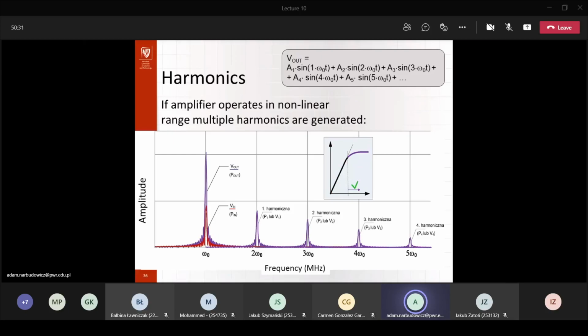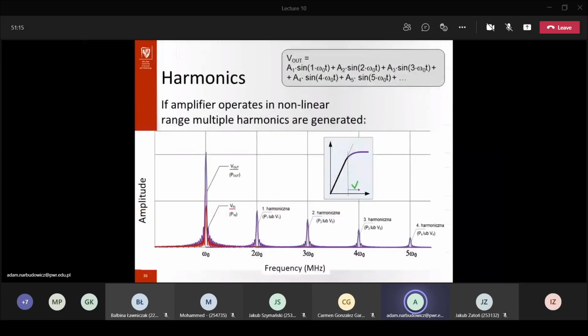The red curve is the input signal, and the output for the nonlinear range is, of course, amplification. So the output peak here is much stronger. However, we've generated the first harmonic at double the frequency, the second harmonic at triple the frequency, and so on and so forth. So that's basically how it works. All right.